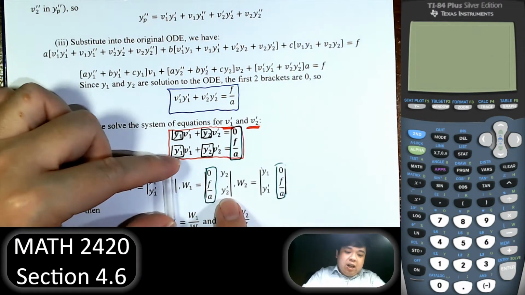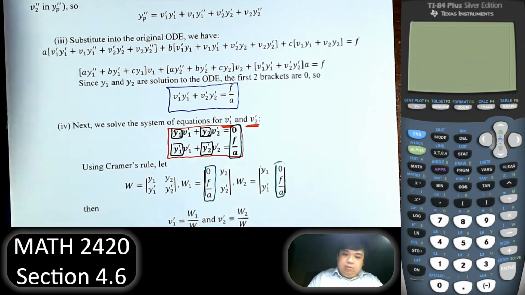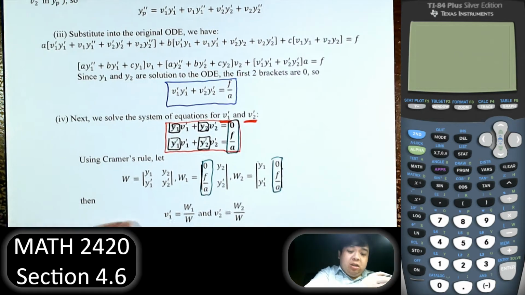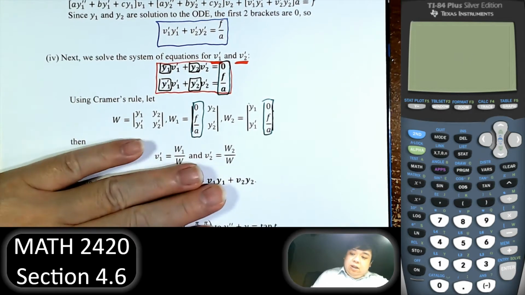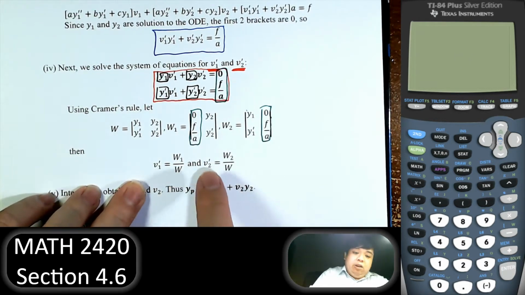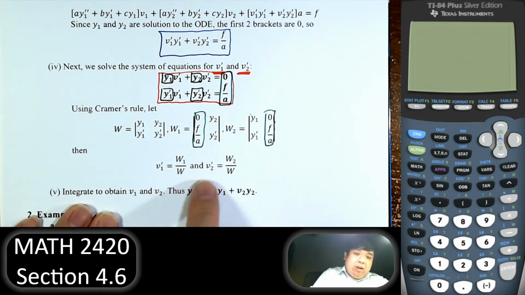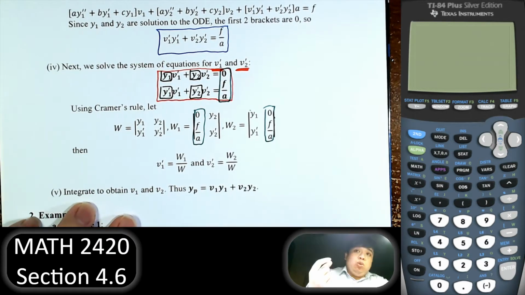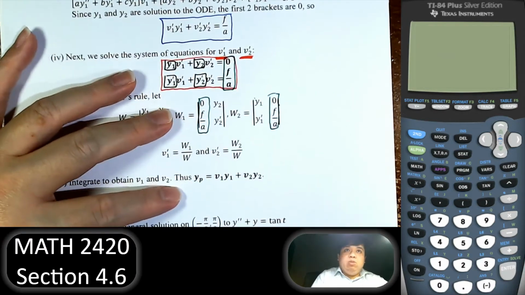If we put it in the second column, that gives us W2. Those are determinants, so evaluate them and divide. Then V1 prime is W1 over W, and V2 prime is W2 over W. Once we have V1 prime and V2 prime, integrate them. Finally, since we know V1 and V2, we put them back in this form and we have a particular solution.